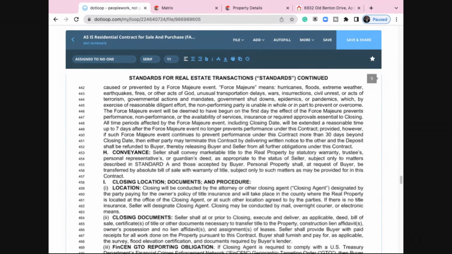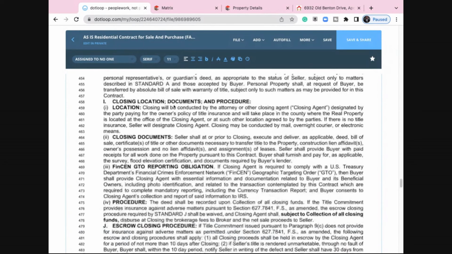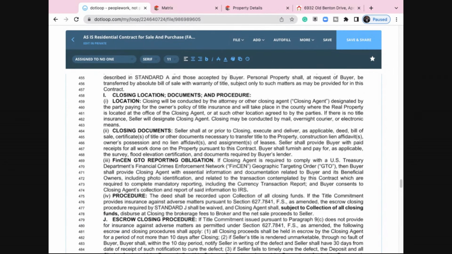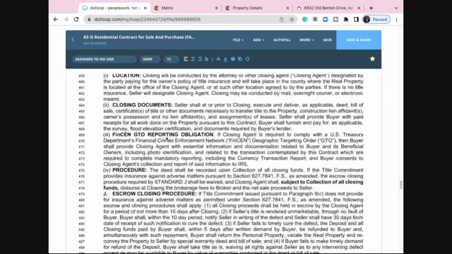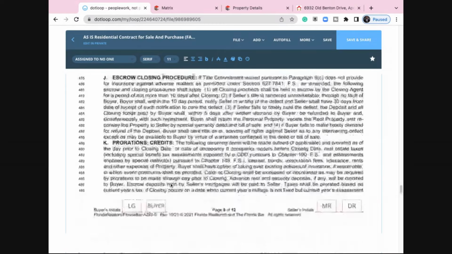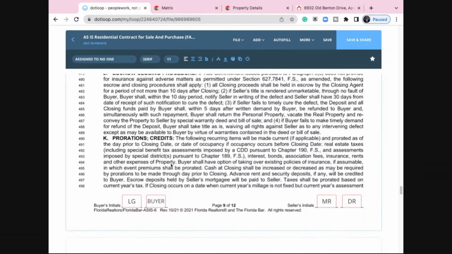Let's move on. Closing date and location. Typically, the title company reaches out and lets you know when the paperwork is ready, what location you're going to close. But that's in here. Escrow on closing, that's in here. Proration and credit.